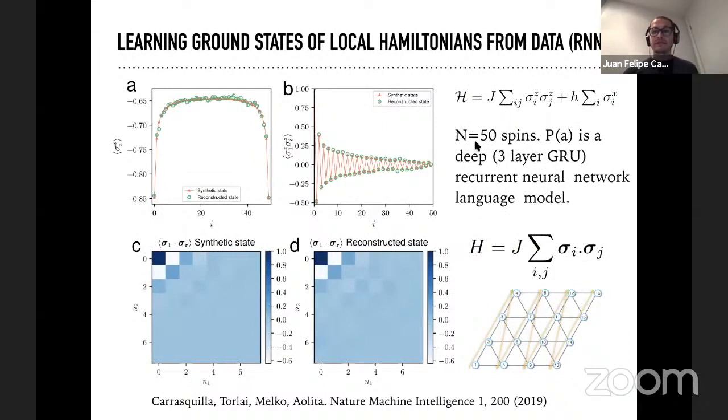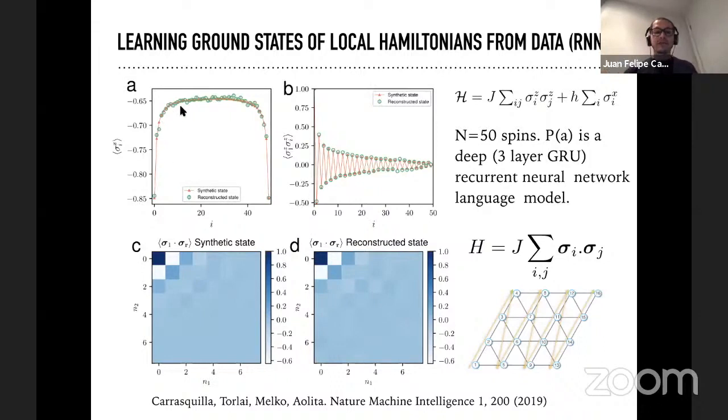So this is reconstructing the quantum state of a synthetically generated system. This is called the transverse-field Ising model in one dimension with 50 spins. And so the red is this synthetic state we generated numerically using DMRG, density matrix renormalization group.